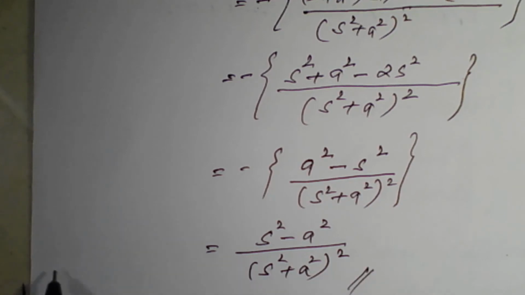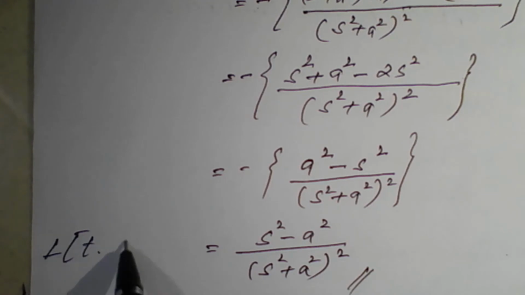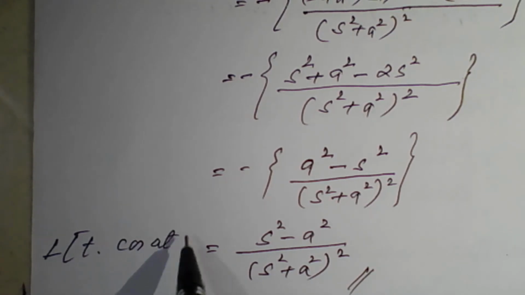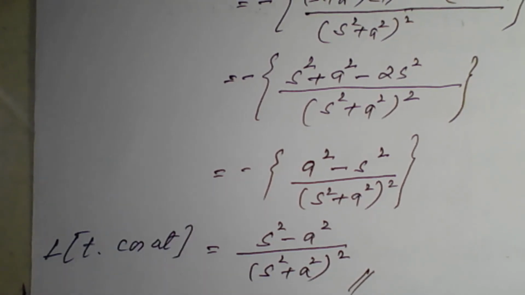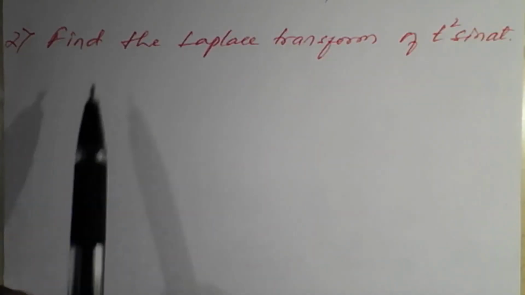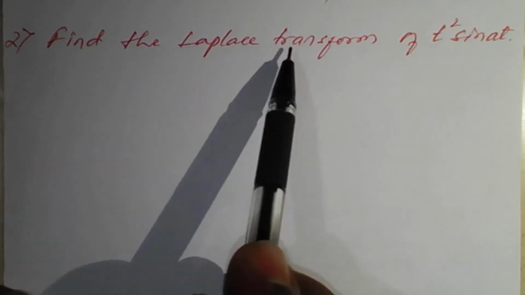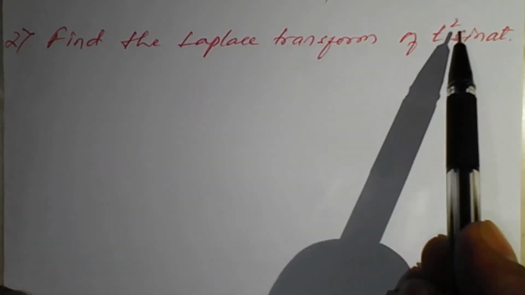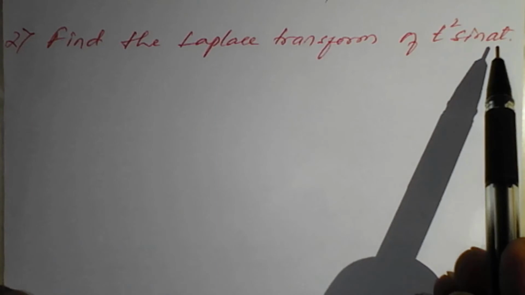So this is the result of Laplace transform of t into cos of at. In this way we need to simplify the problems based on property number 2. So the next example is, find the Laplace transform of t square into sine of at.